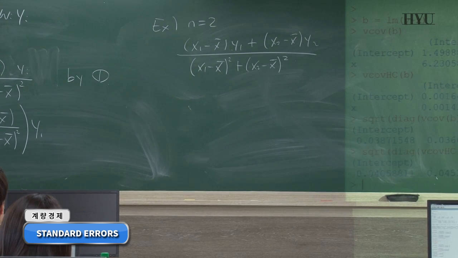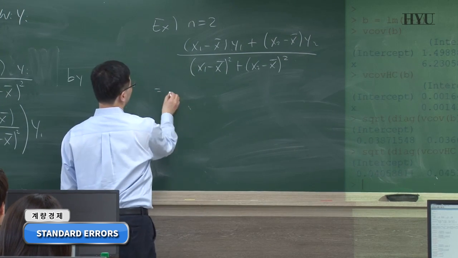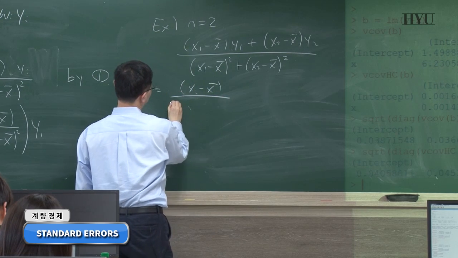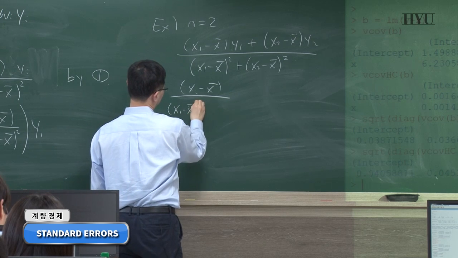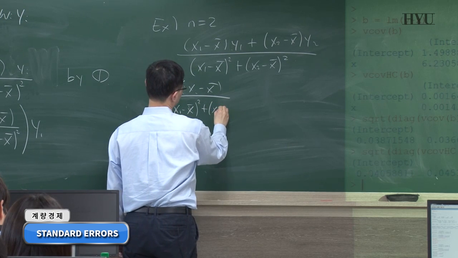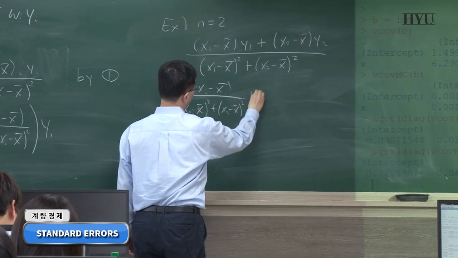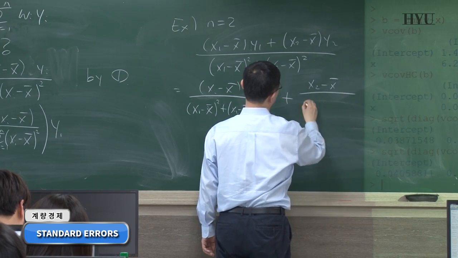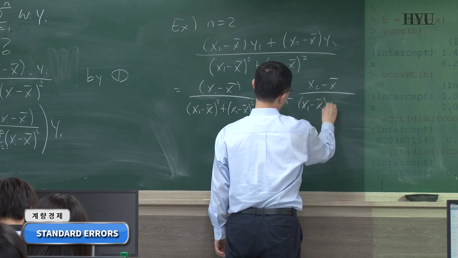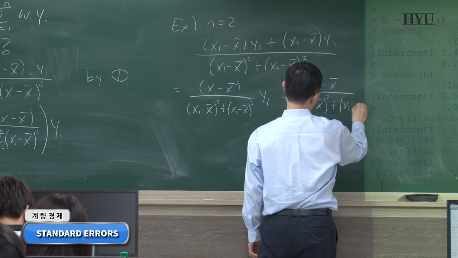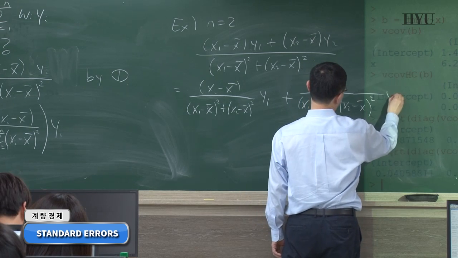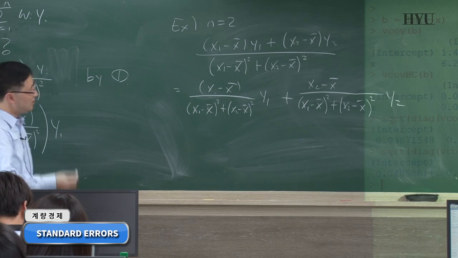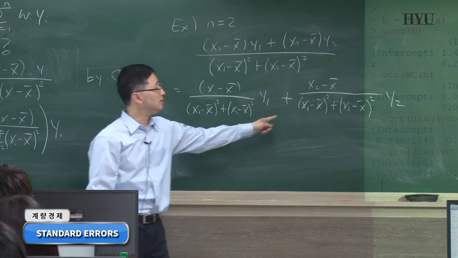And n is equal to 2. So if you rewrite the whole thing in a slightly different way, this is w1 and this is w2.